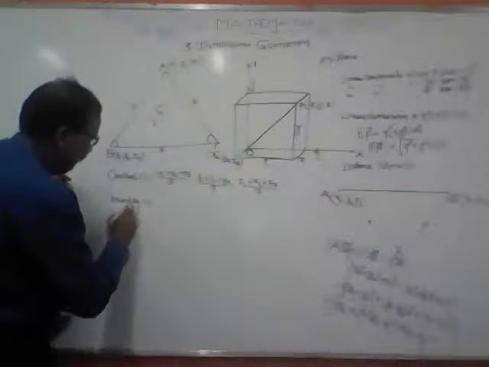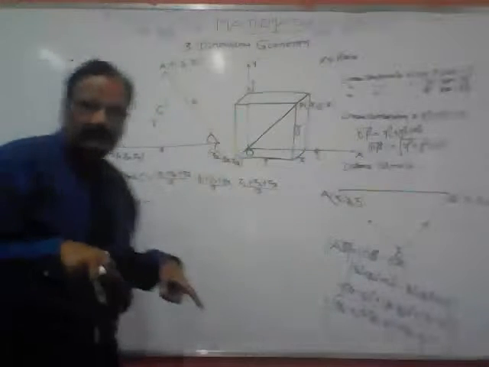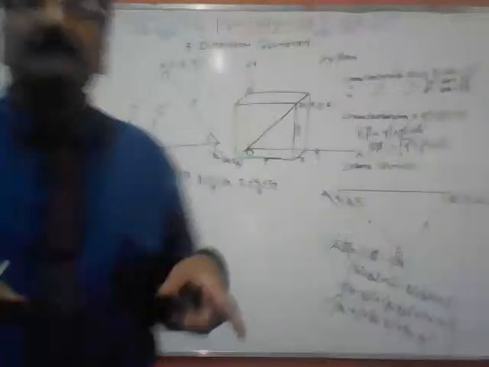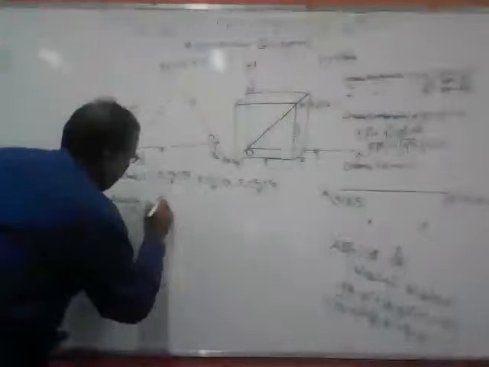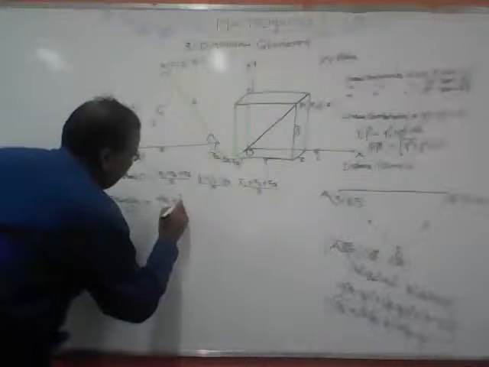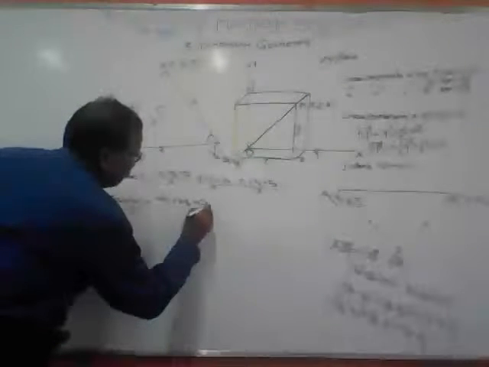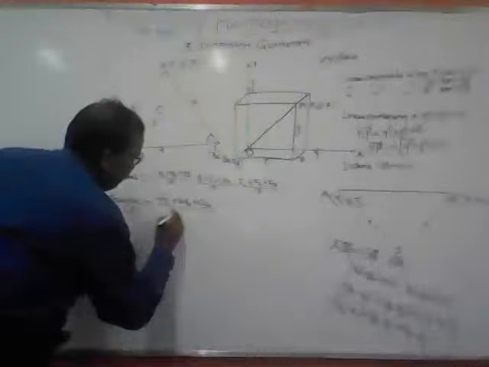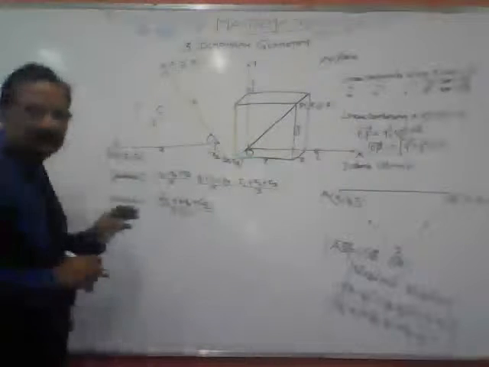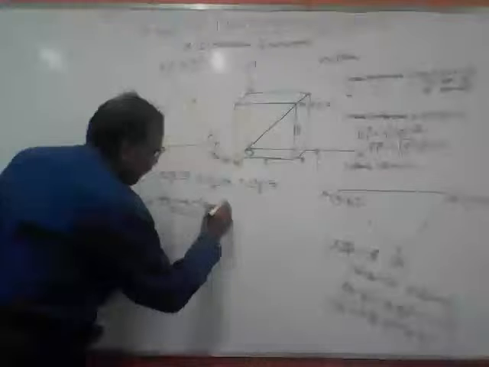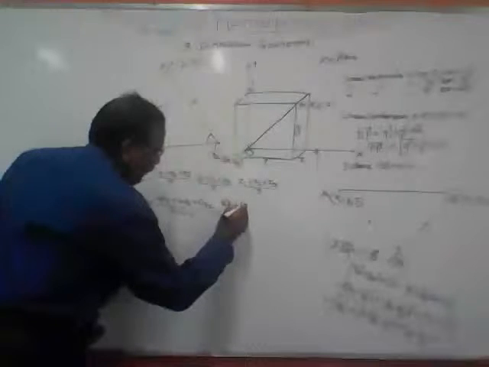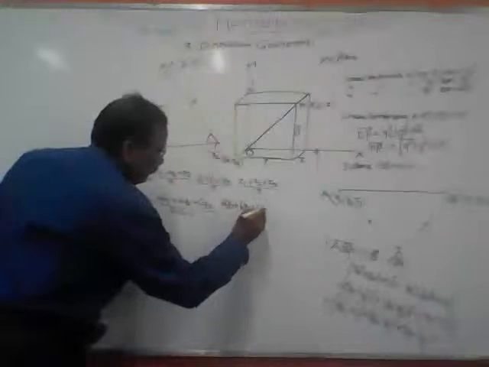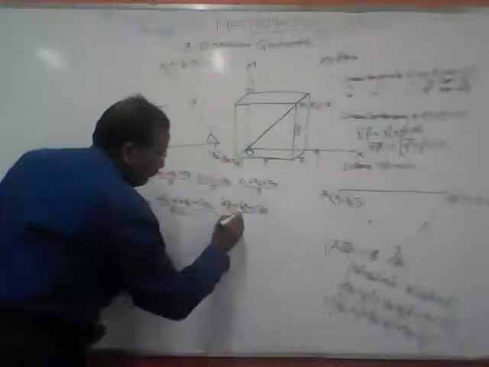In center I is equal to (ax1 plus bx2 plus cx3) upon (a plus b plus c), then (ay1 plus by2 plus cy3) upon (a plus b plus c), then (az1 plus bz2 plus cz3) upon (a plus b plus c).